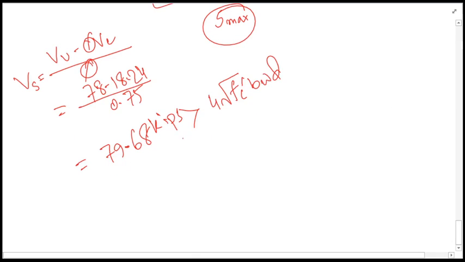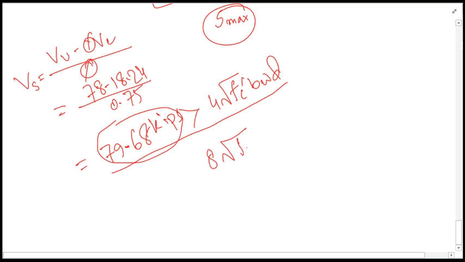So greater than 4 root fc prime bwd. If it is greater than 4 root fc prime bwd, you will have to again check whether it is less than 8 root fc prime bwd or not. So what will be 8 root fc prime bwd?